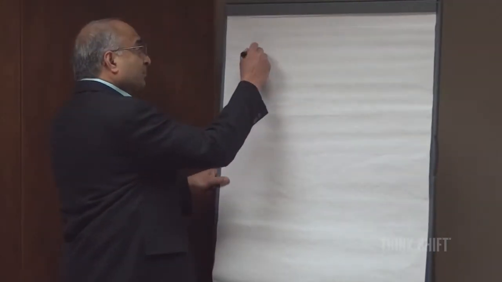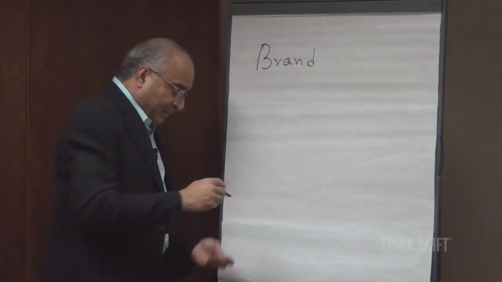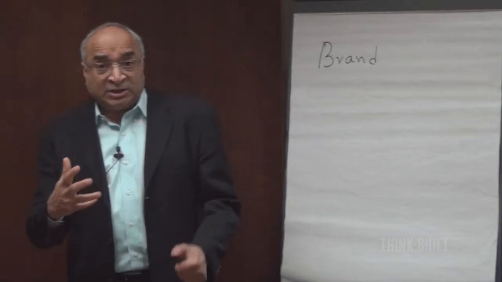Now, this goodwill represents intangible assets you have. I'm going to talk about what those intangible assets are, and I'm going to give you an order for how difficult it is to create those intangible assets. The most valuable intangible asset a company has is the brand. The brand of a company has value.